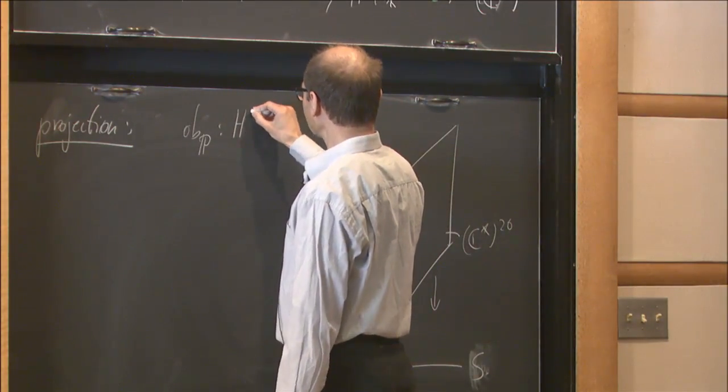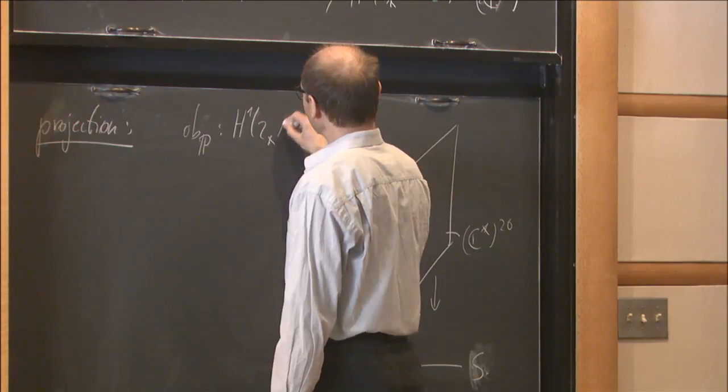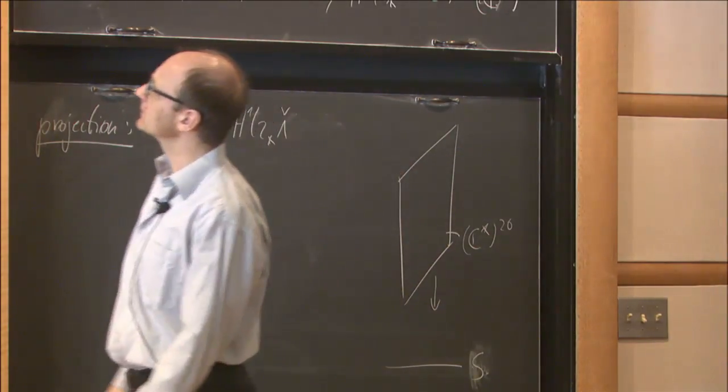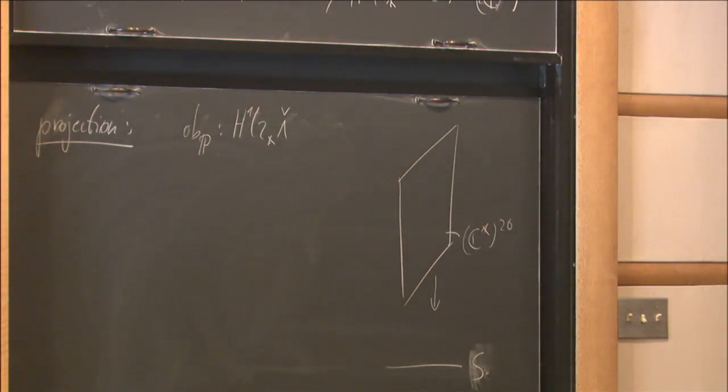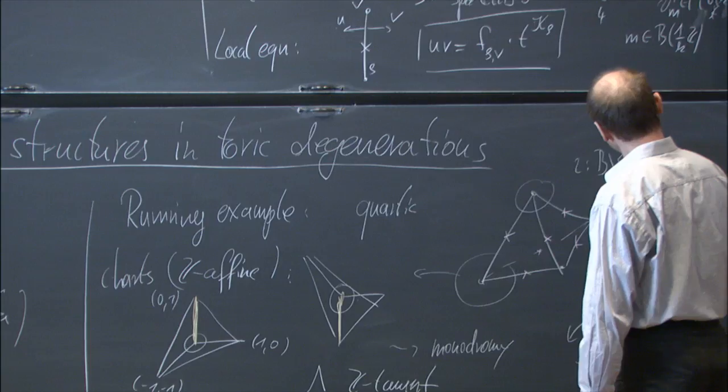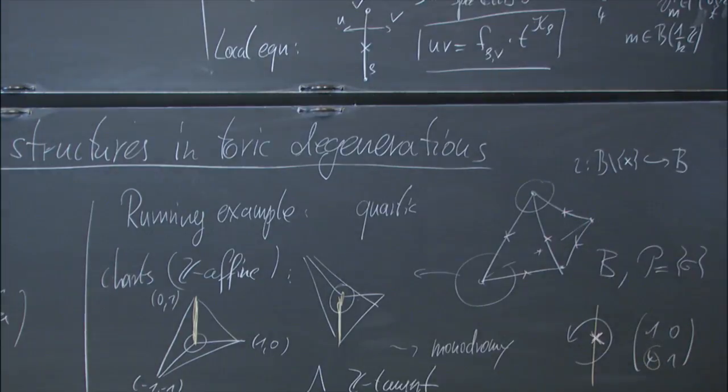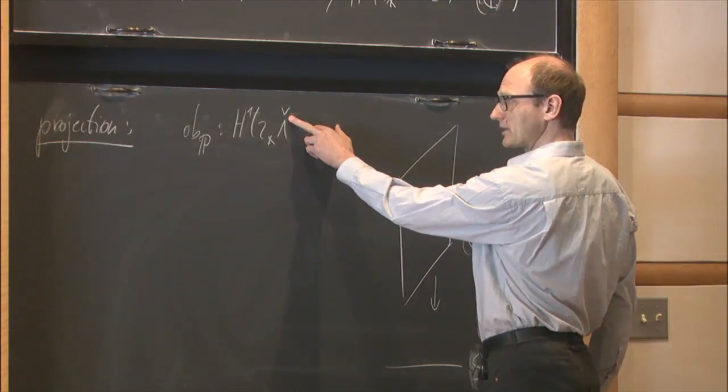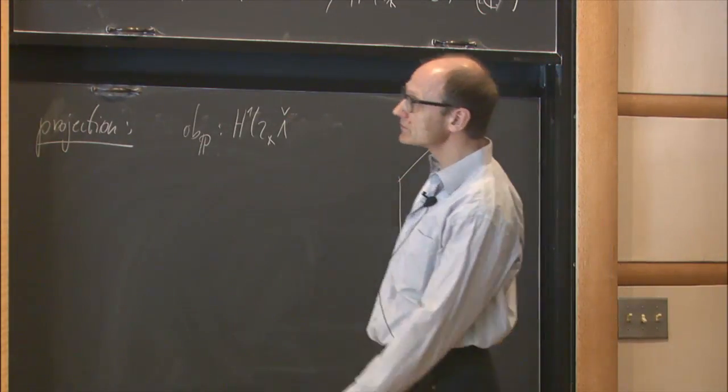It goes from H1, iota lower star lambda. Oh, what is iota? Did I ever say what iota is? I think I didn't. So iota is the inclusion of the complement of these dots, the complement of the singular locus. So you push forward the dual, and this thing is a dual tangent sheaf.